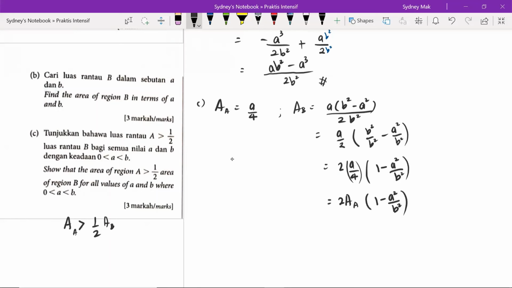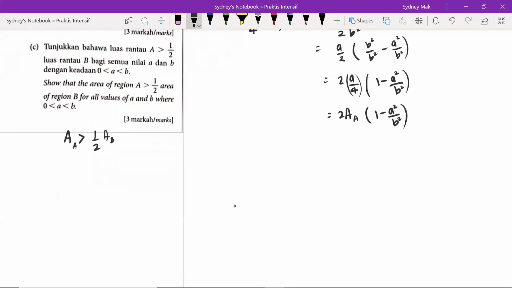Over here, we are given that a is in between 0 and b. Therefore, we know that 1 minus a squared over b squared will be less than 1, definitely less than 1.